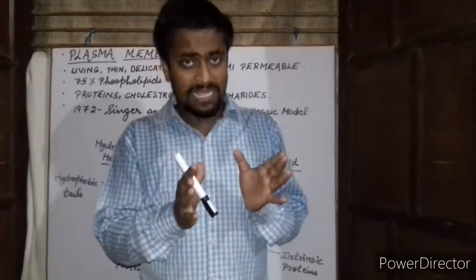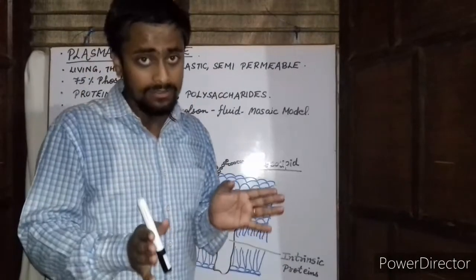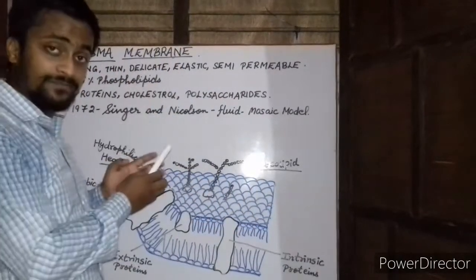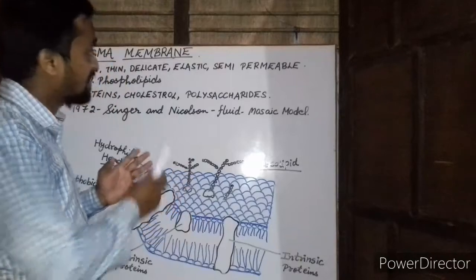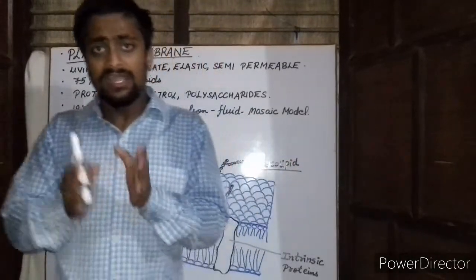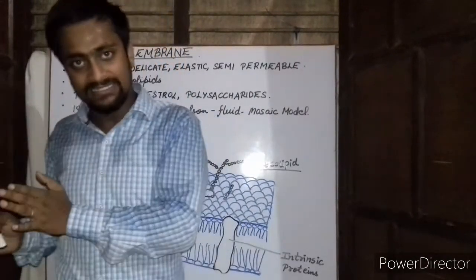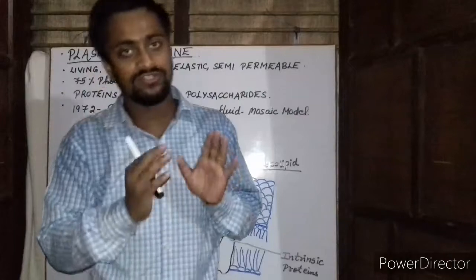This plasma membrane is actually a living membrane, very thin, delicate, soft, very elastic, and it is a semi-permeable membrane. Semi-permeable means it allows only selective molecules to pass inside the cell as well as to move outside the cell.